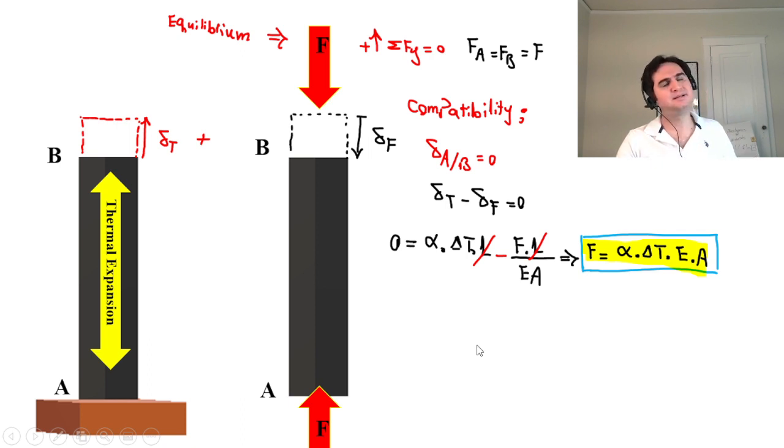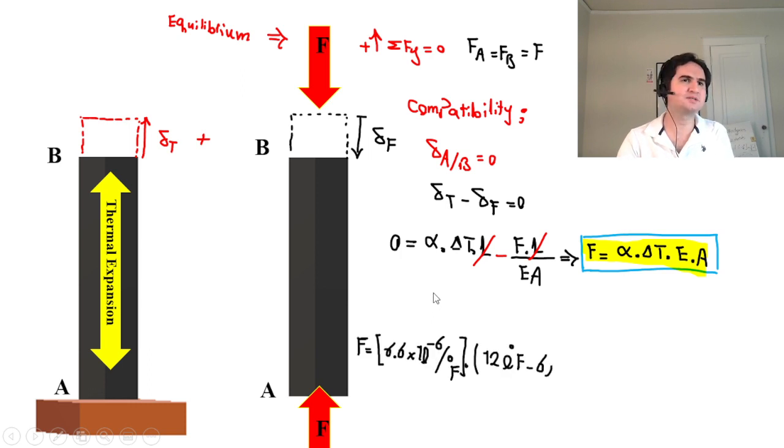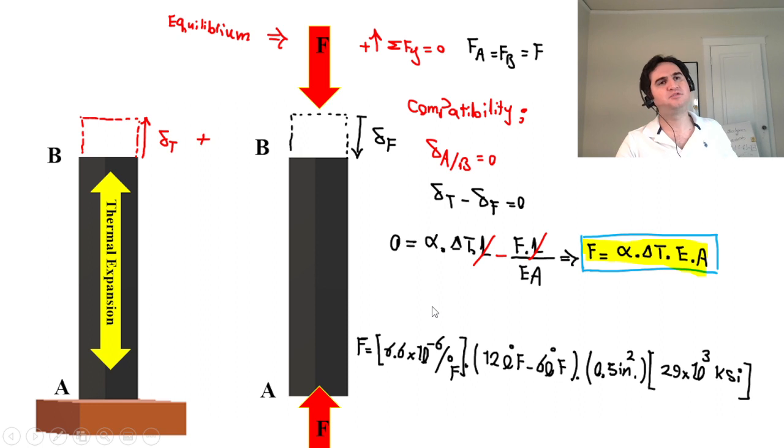Let's put it in an example to see how it works. If you replace the numeric values for our case, alpha, the coefficient of expansion, is 6.6 times 10 to the negative 6, times the increase in temperature, which goes from 60 to 120.